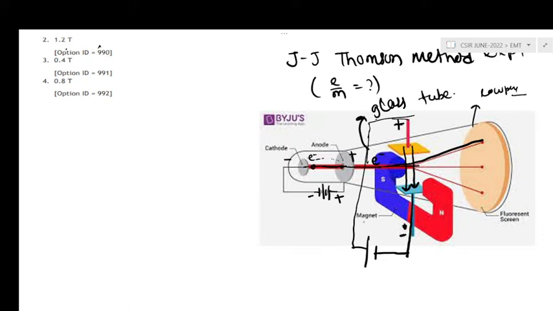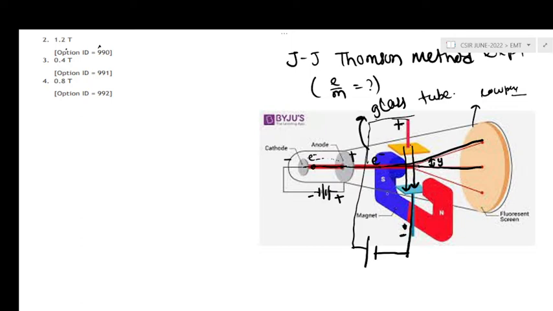It will glow when an electron hits the screen. If there is no electric field or anything, the electron will go in a straight path, but due to the applied electric field, the electron deviates from its actual path by some distance y, suppose. Another thing, a magnetic field is also applied here.